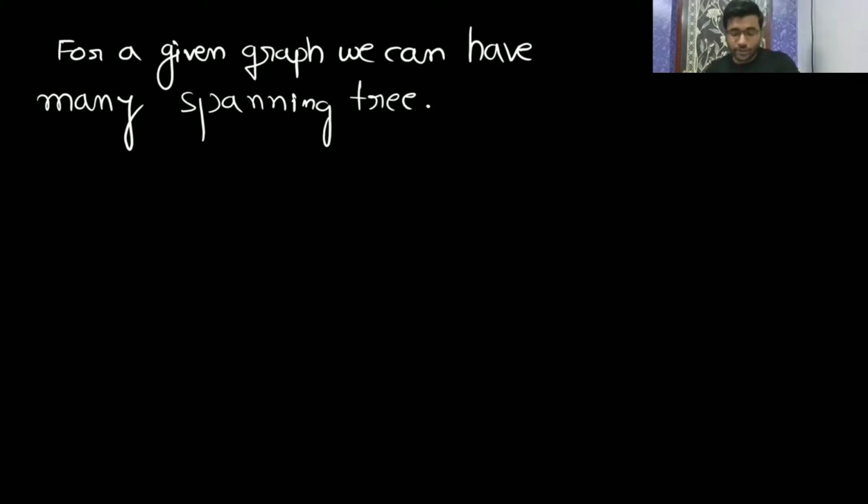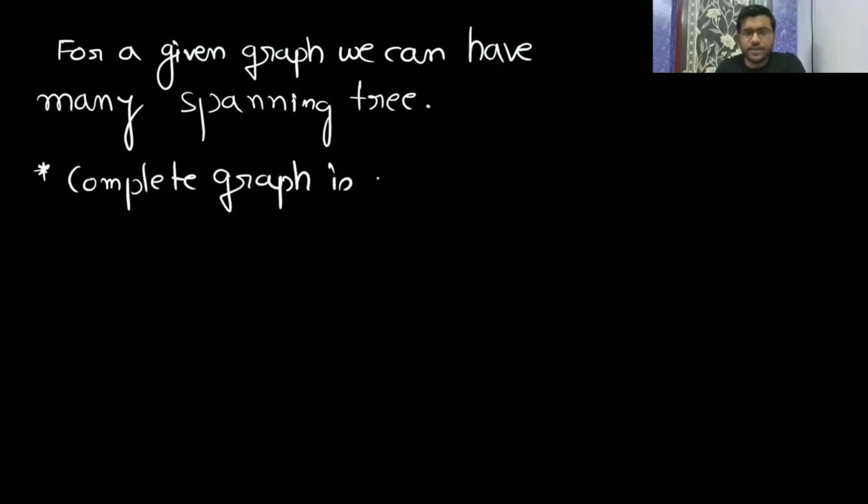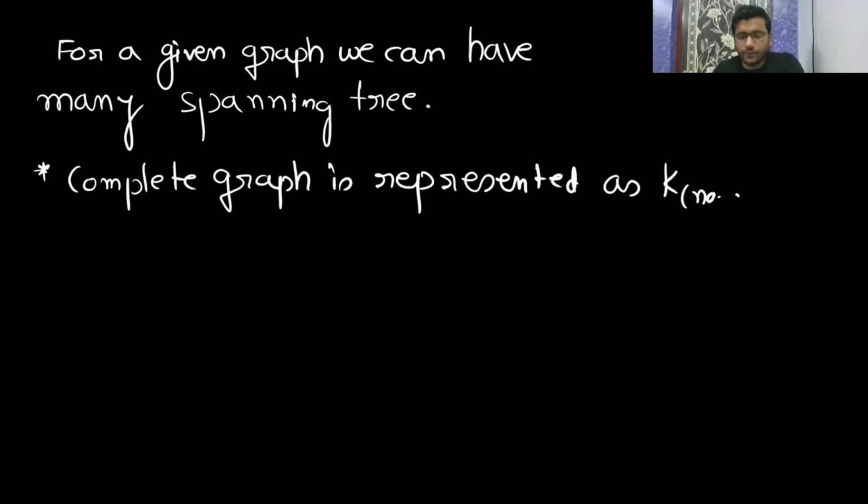You can also note that a complete graph is represented as K with the number of nodes in brackets. In this way you represent a complete graph.